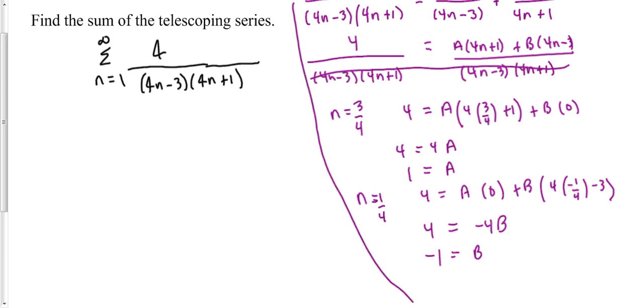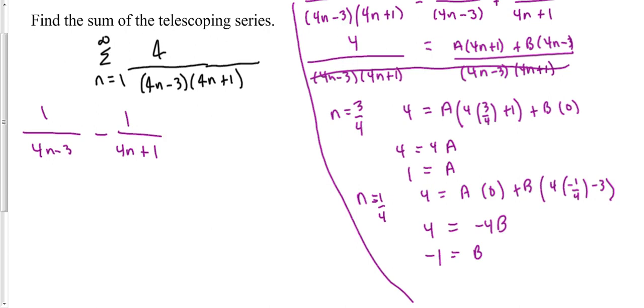So let's write out our nth term here: 1 over (4n minus 3) minus 1 over (4n plus 1).